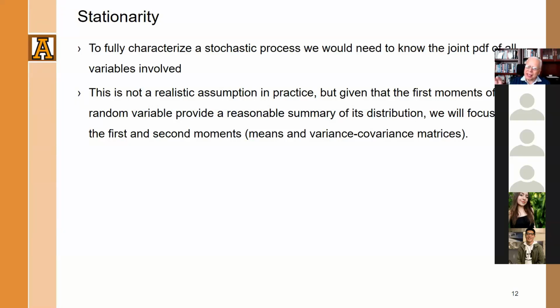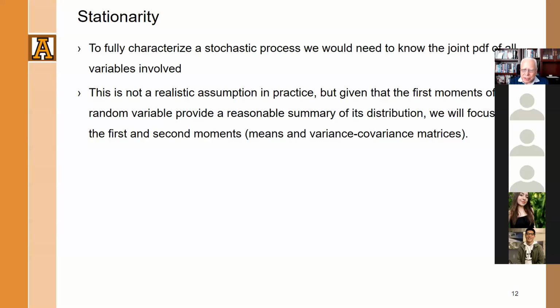Since we'll be making the assumption of normality later for the white noise, it will be reasonable then, as you know, the normal distribution is characterized by its first two moments, the mean and the variance, in the univariate case. And in the multivariate case, its mean and its variance covariance matrix.